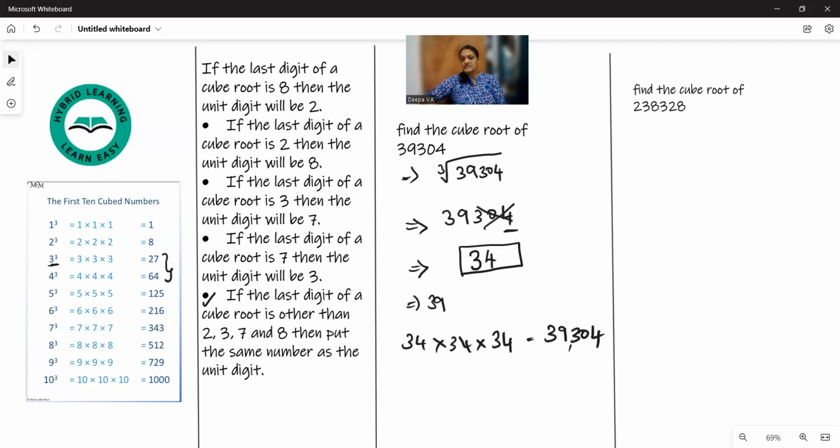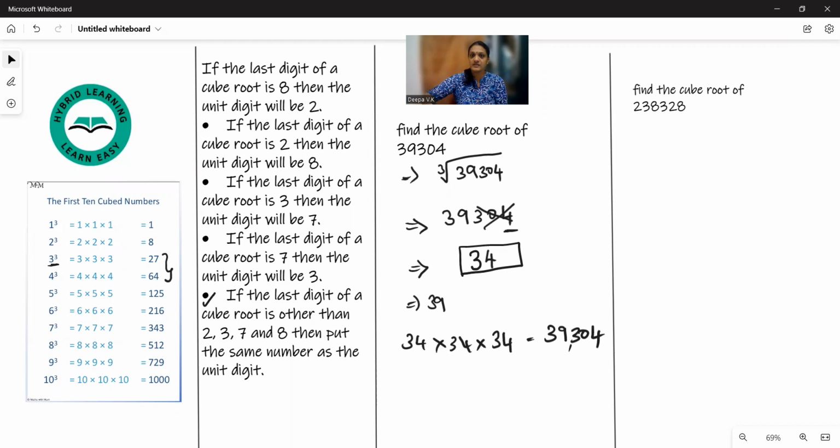Now cut off the last 3 digits. The remaining number is 39. Compare which is the nearest cube. It is between 27 and 64, and you take the least one, so I am taking 3 cubed and writing 3. So 34 is the cube root of the given number.